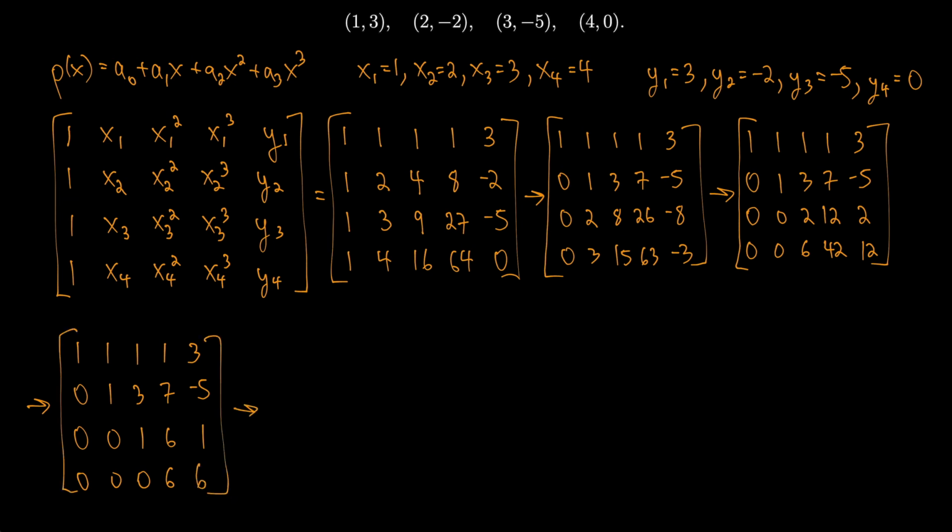And then that becomes 1. I want to get a 0 over here, so I'll subtract my second row. So I'll get 0, 1, 3, 7, minus 5, 0, 0, 1, 6, 1, and 0, 0, 0. Divide by 6, we get 1, 1.